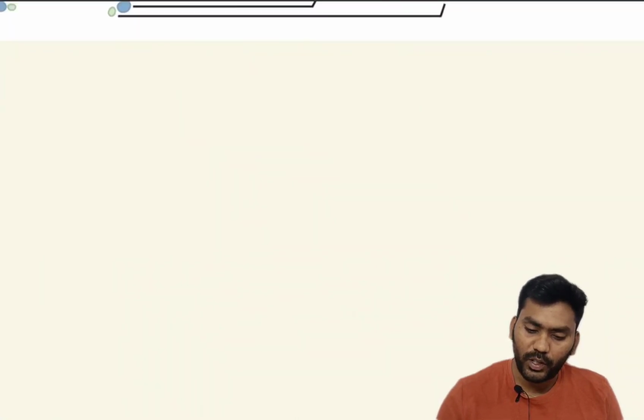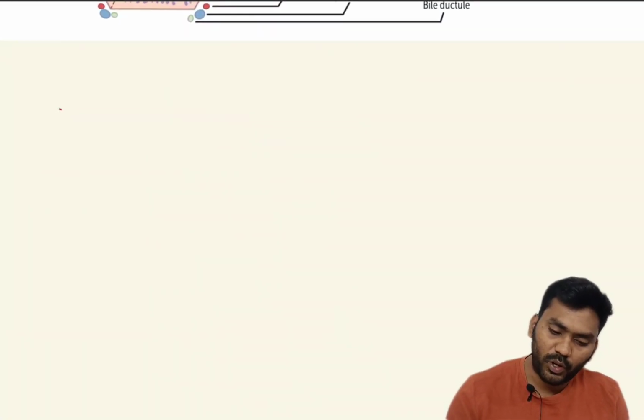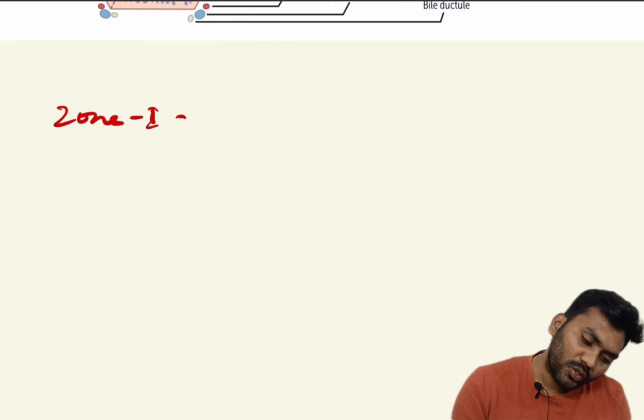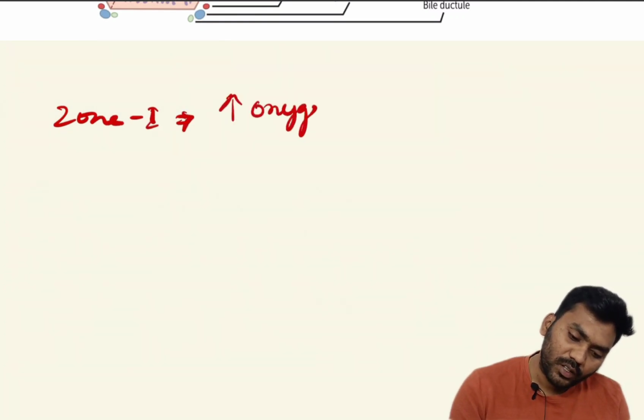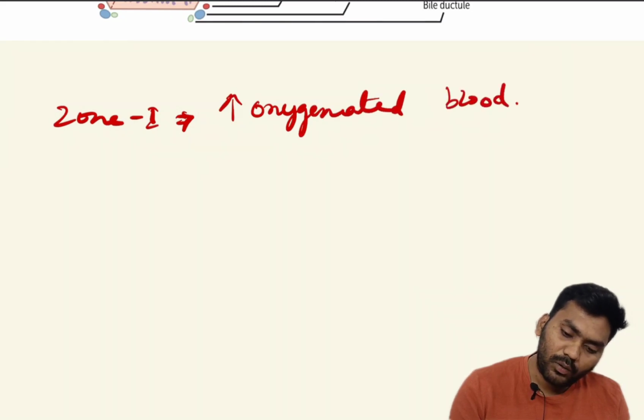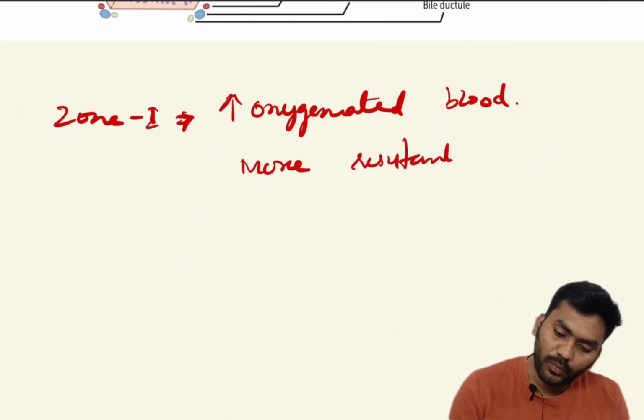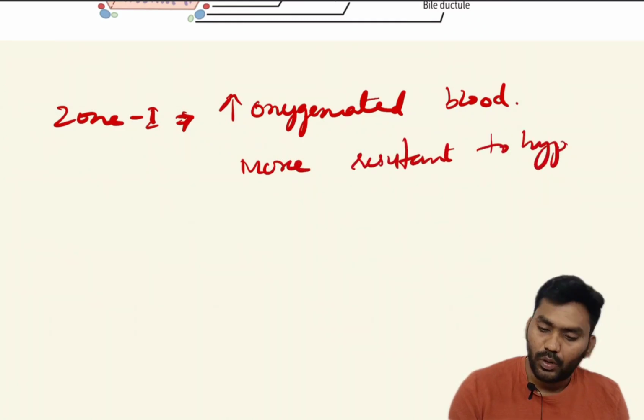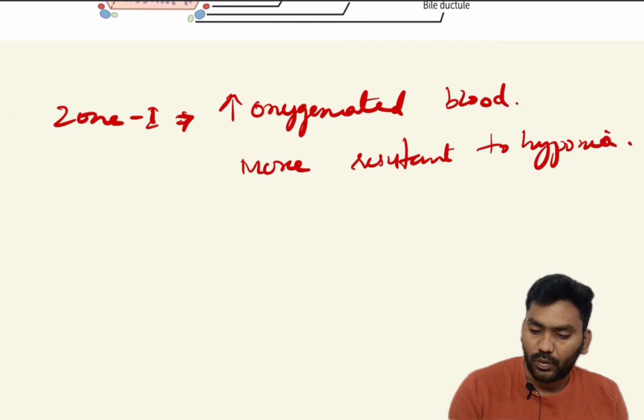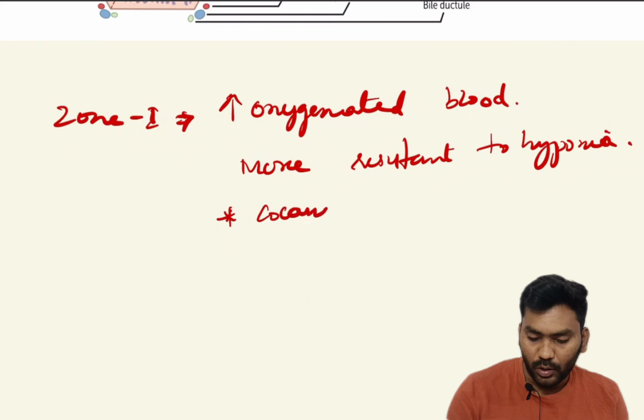Each and every zone has specific features. Zone 1 receives the most highly oxygenated blood, so it is more resistant to hypoxia. One more important thing, cocaine toxicity is seen in this zone.